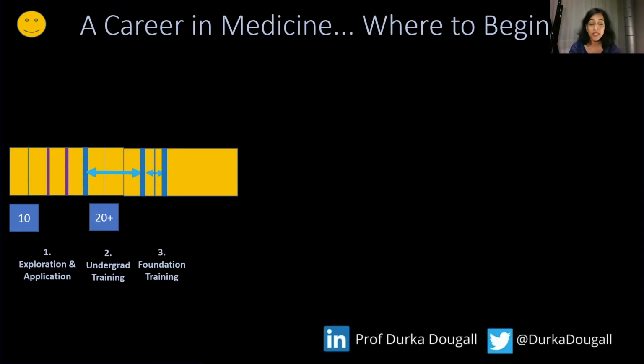After that, you'll be spending 2 years usually doing foundation training. This is when you become a doctor. You'll be on the GMC, the General Medical Council register, as a junior doctor, and you will be doing work in clinical settings, so hospitals, GP practices, community settings, and other settings across medical specialities.